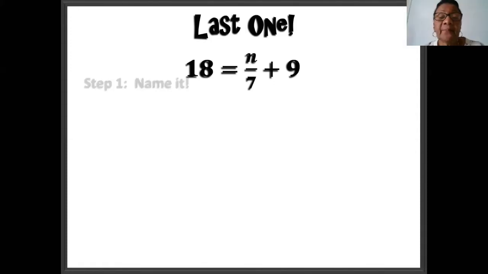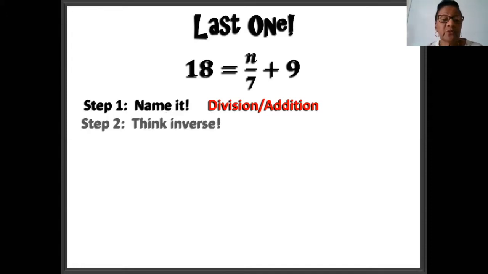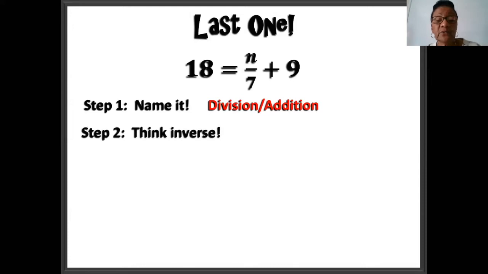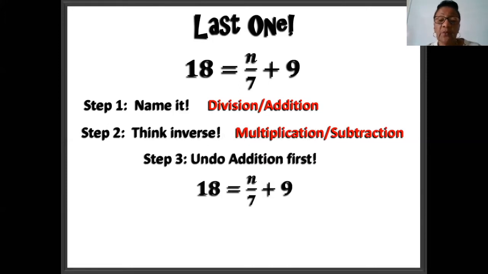First step, we name the equation. And this equation, 18 is equal to n divided by 7 plus 9, is a division and addition equation. Step number 2, we think of the inverse of those two operations. And the inverse of those two operations would be multiplication and subtraction. So step number 3, remember we will undo the addition first.